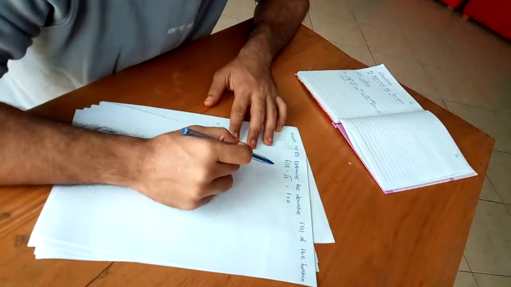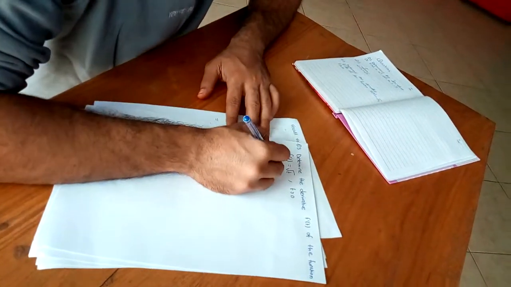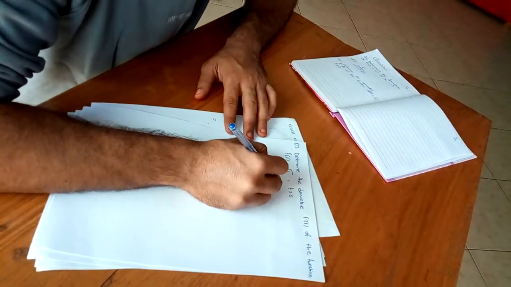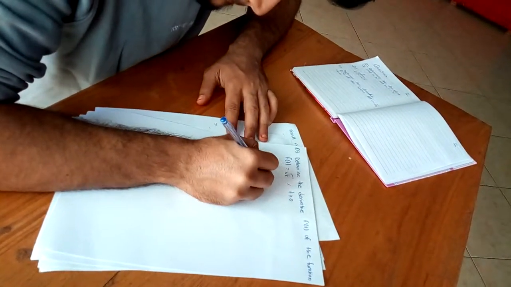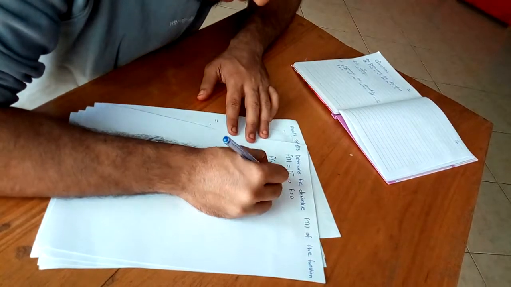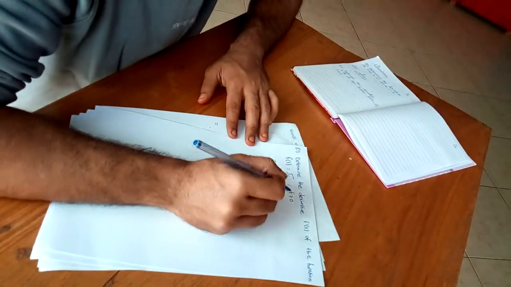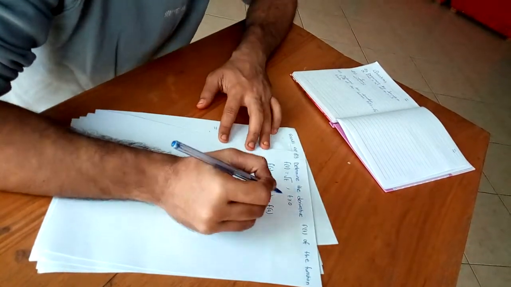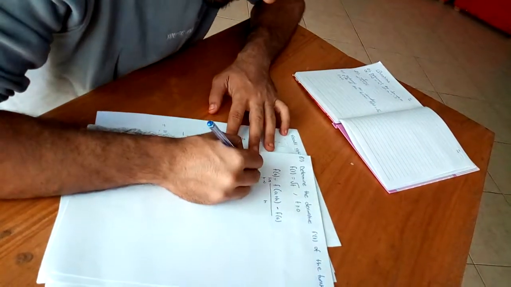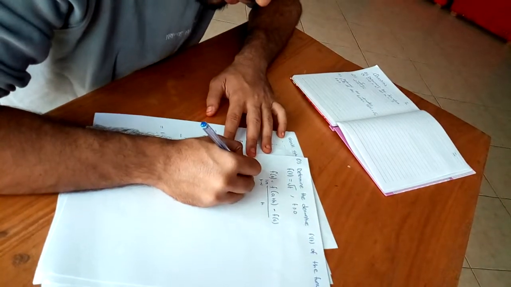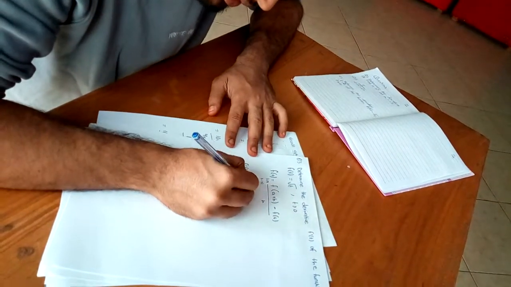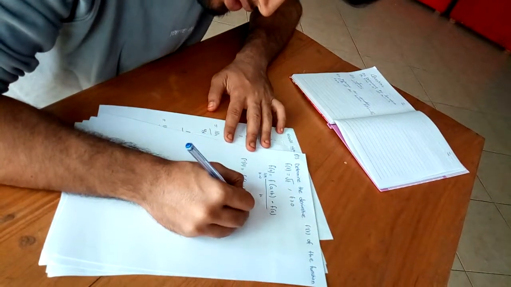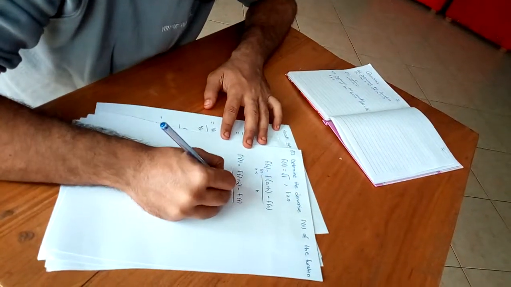Even in this question we'll be using the same formula. Let me write it again for you. The limit of f(a plus h) minus f(a) over h. In this one, as we are taking derivatives, it will be f(t plus h) minus f(t) over h.